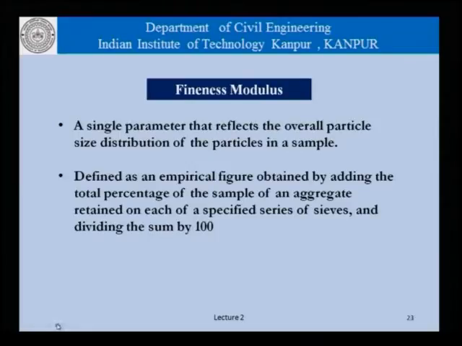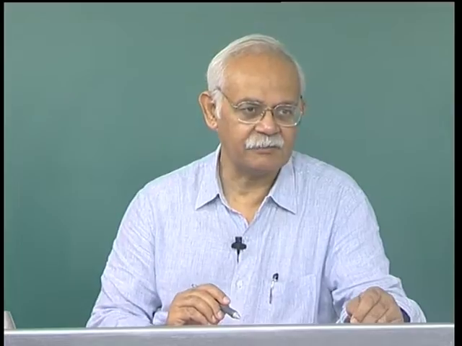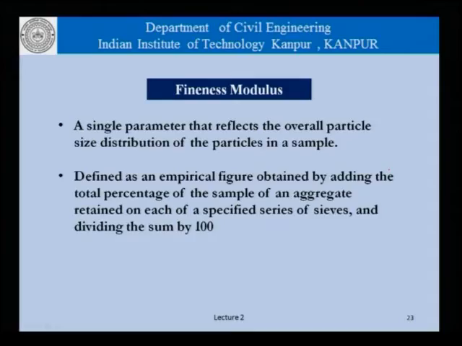It is defined as an empirical figure obtained by adding the total percentage of the samples in an aggregate, which is retained on each of the specified series of sieves, and dividing the sum by 100. This is a very difficult text to read and to understand.